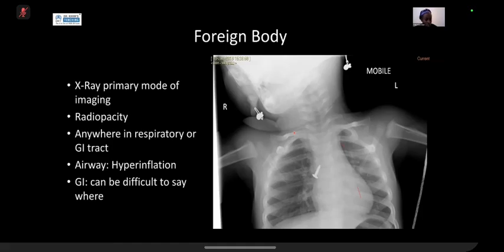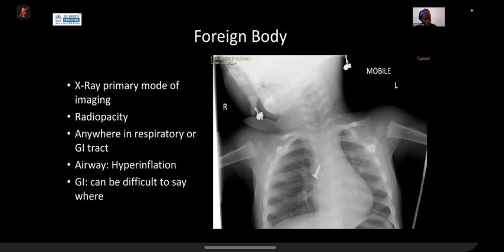So if there's a very strong suspicion of a foreign body, you have to go hunting for it. So if the initial radiograph of the chest or abdomen is negative, then do a radiograph of the other part of the body just to see if you can find a foreign body. So this is someone who swallowed a screw, and it's down in their right main bronchus.